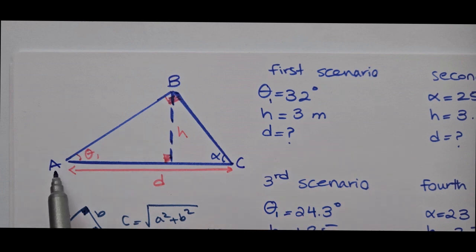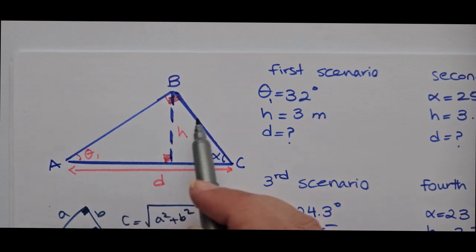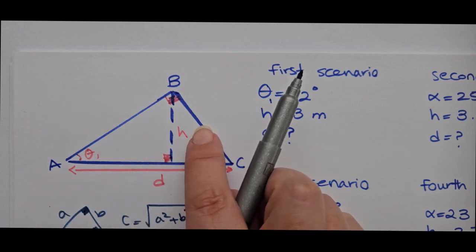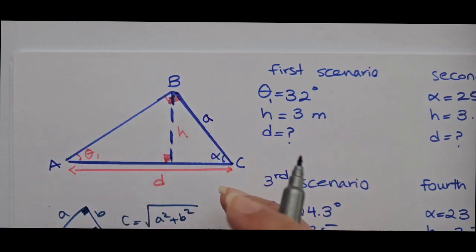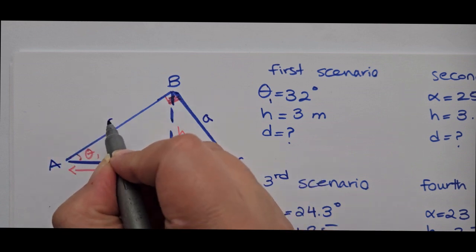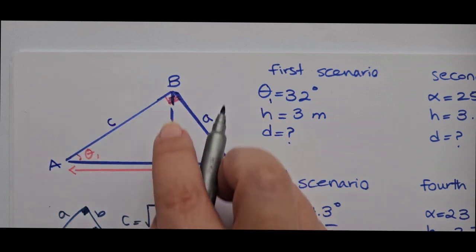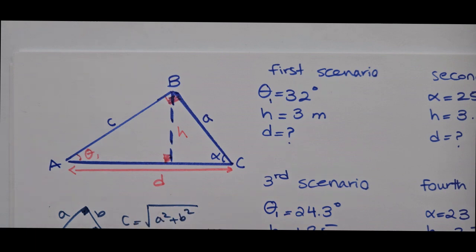Okay, so this side, which is right in front of my angle A, would be side A. This side would be side C. This one would be side B or D. Now I will propose a solution which is really easy, but it doesn't mean that you have to follow exactly the same solution.